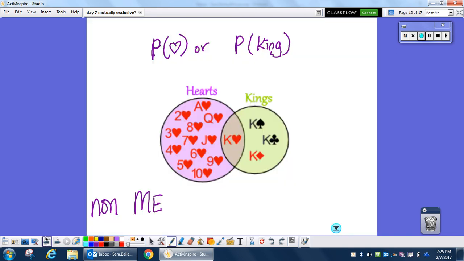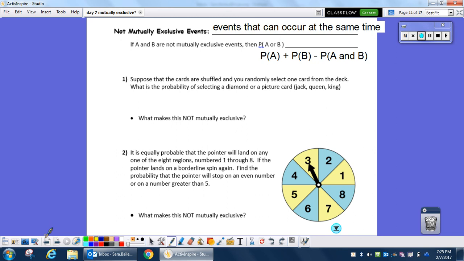Okay? So, looking at our first example, suppose the cards are shuffled and you randomly select one card from the deck. What is the probability of selecting a diamond or a picture card? Okay? So, this is not mutually exclusive because you could be the Jack of Diamonds or the Queen of Diamonds, which means you're a picture card and a diamond card at once.